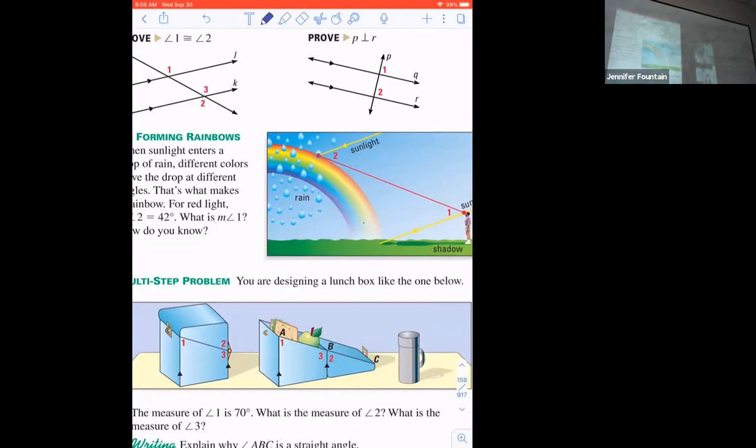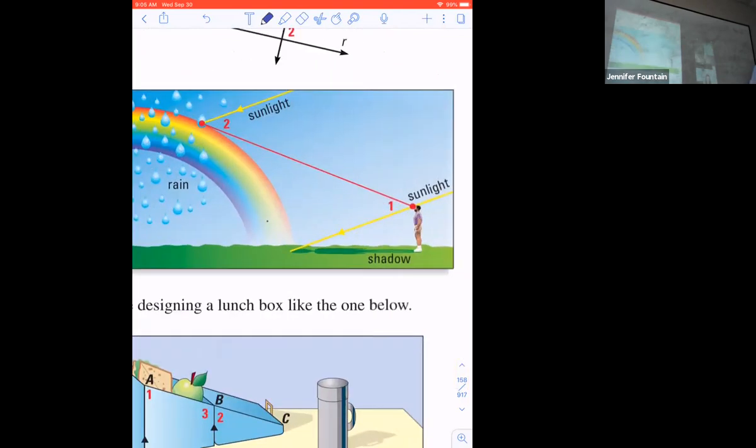So if we look at our diagram, here is the red coming down, notice here is our angle 1. These are both parallel lines. It tells us because they've given us these little arrows here to tell us that they're parallel. And then this is a transversal coming through.